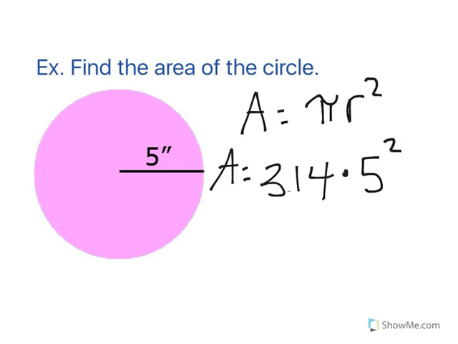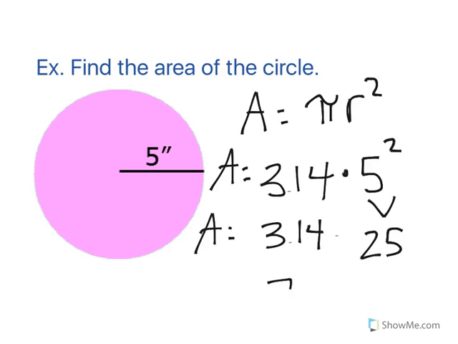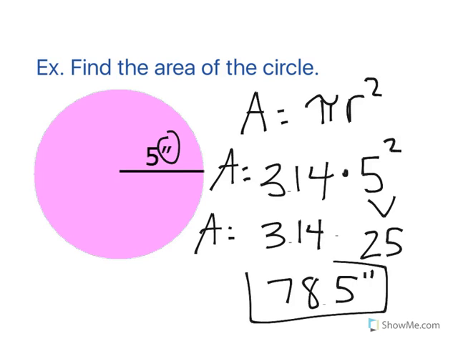Following order of operations, I have to do this first. 5 to the second power is 25. Bring down everything else. You can type this into your calculator, 3.14 times 25, and that's going to be 78.5. My unit's inches here, so my area of this circle is 78.5 inches.